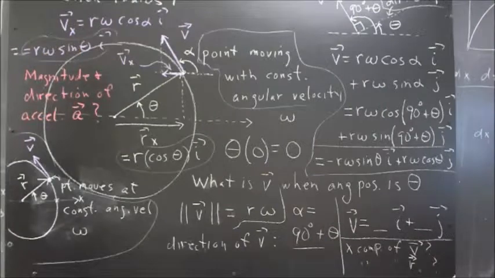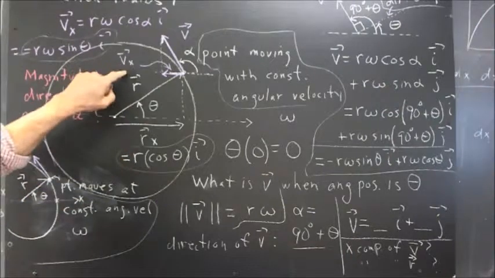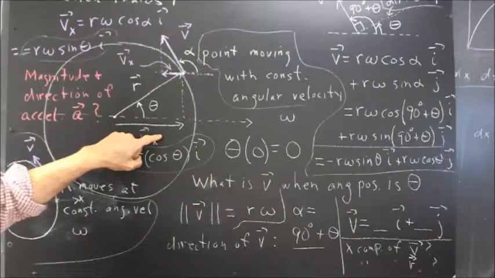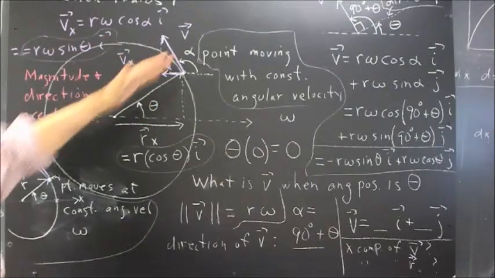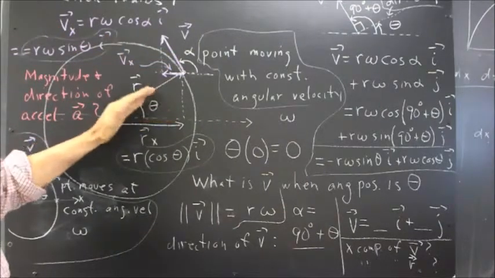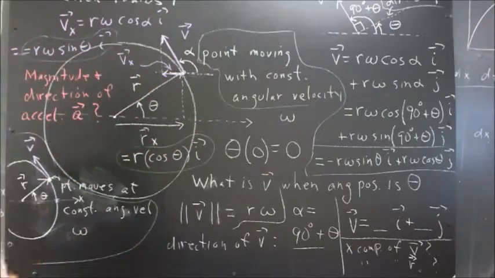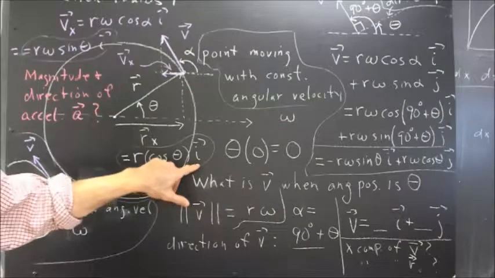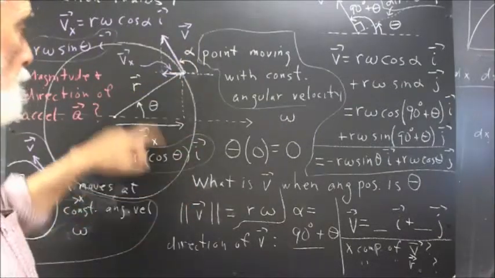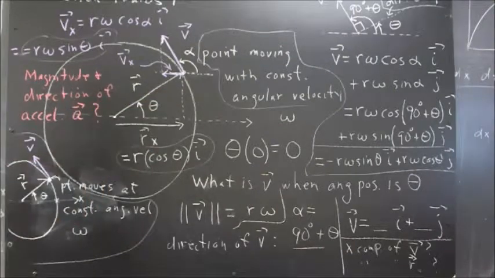Now, you should pause and think that through, but it should be pretty clear that the x component of the r vector is going to be r cosine theta, and the y component is going to be r sine theta. The vector has magnitude r and makes angle theta with the positive x-axis, so it follows immediately that its x component is r cosine theta times i, and if we need it, the y component is r sine theta times j.